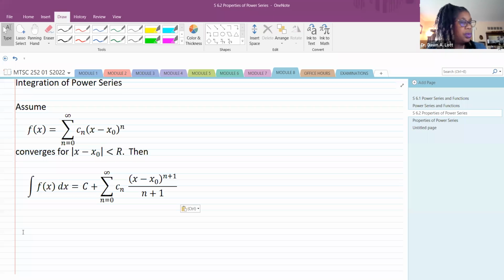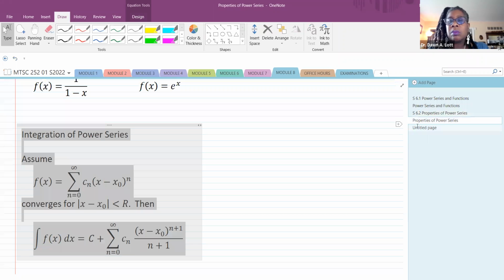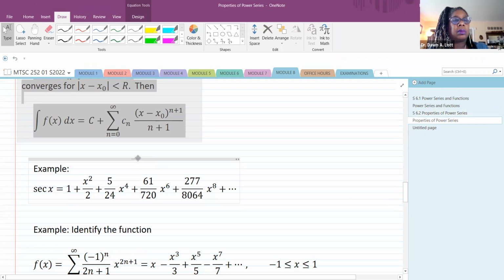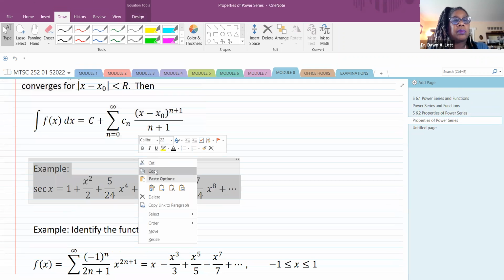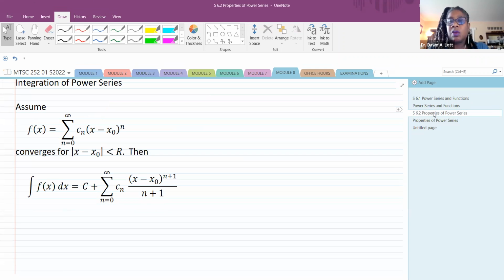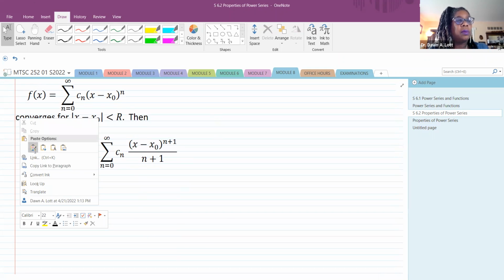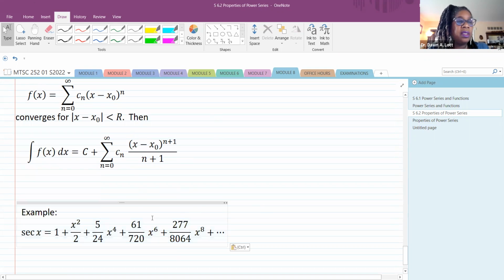So here's one. I will again post these notes so you can fill in any gaps that you may have in your notes. But here's my example. This is the power series for the secant of x.